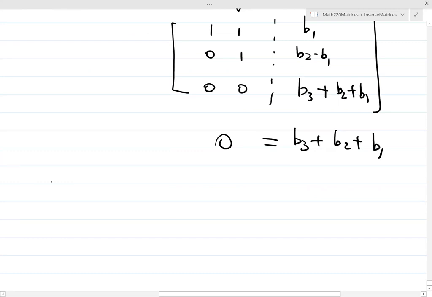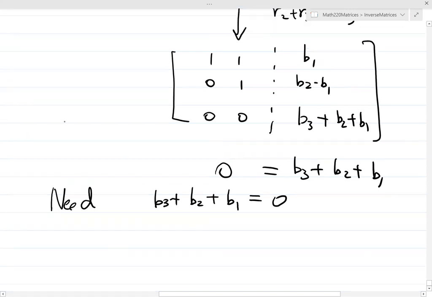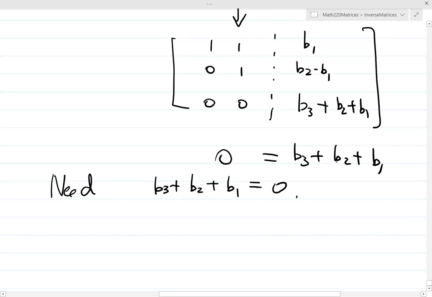Okay, so we need this condition: b3 plus b2 plus b1 is 0. Then we can use elimination to find a solution. We have two variables, two equations, so the remaining thing is invertible.